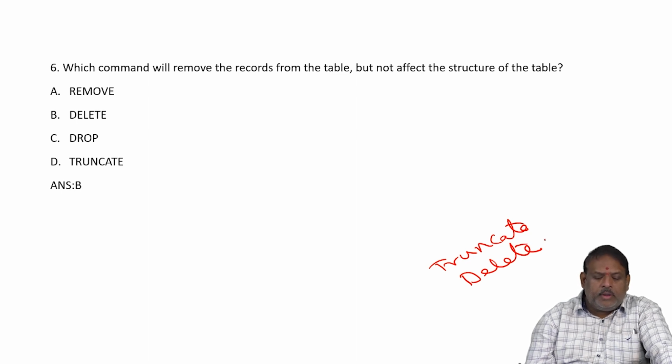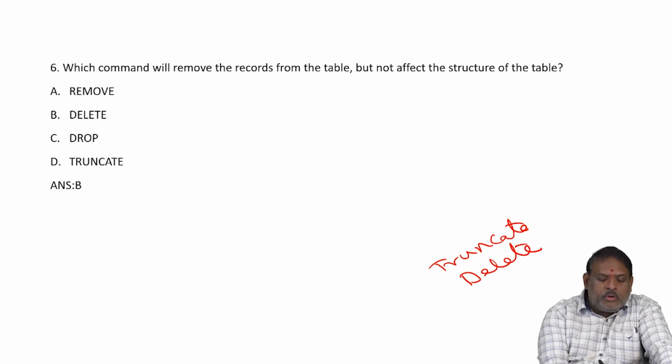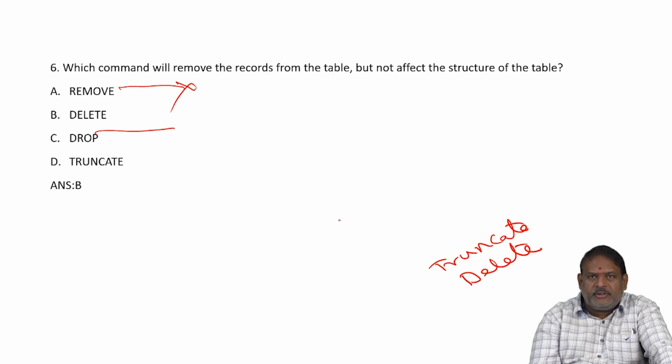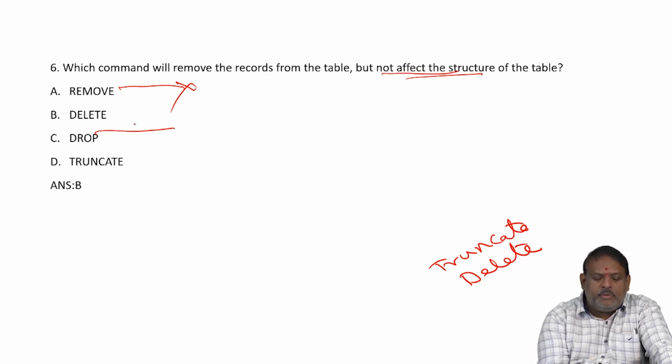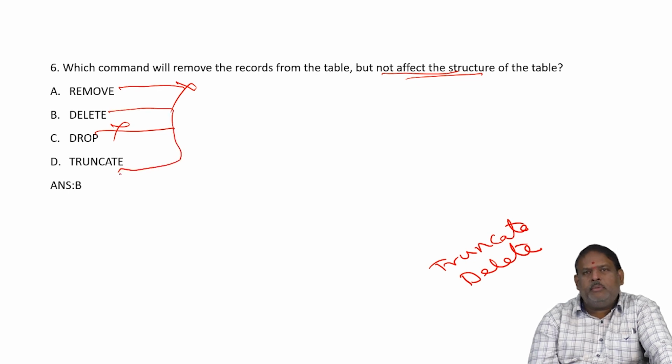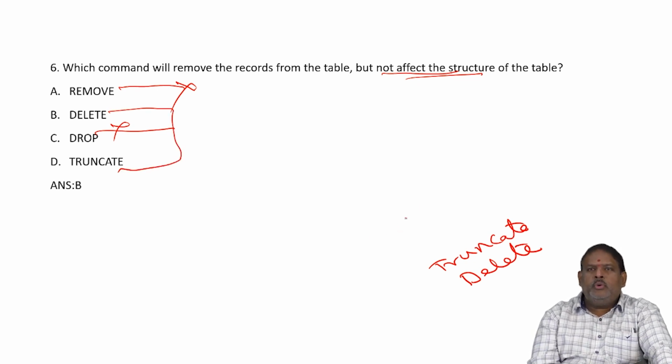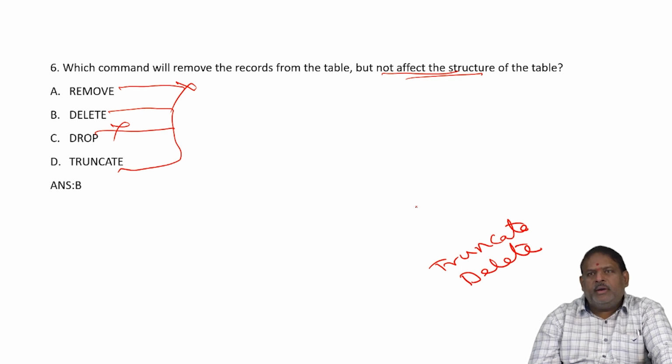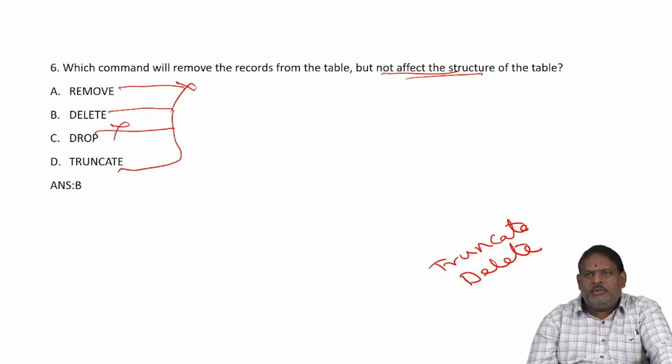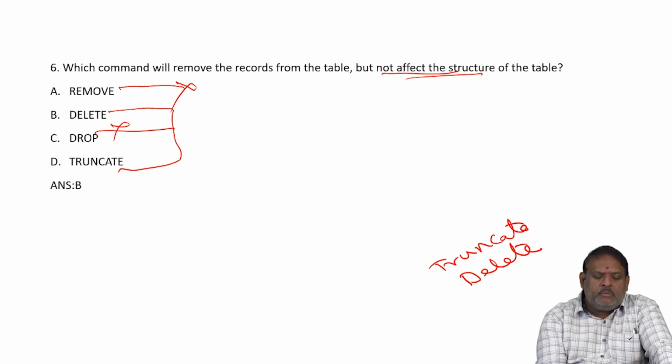There is no keyword by the name remove. Drop will remove the entire data and the structure, but here they are saying that the structure should not be affected. So drop is ruled out. So you are left with delete and truncate. Both can be used to remove data from a table, but the structure will not change.